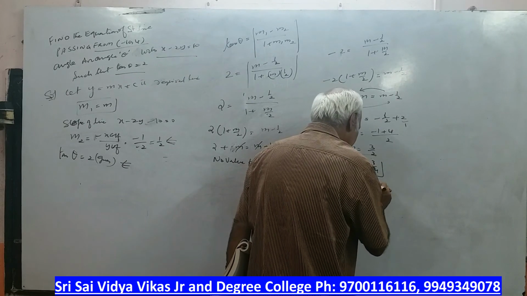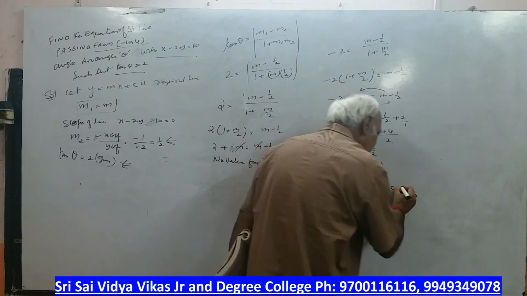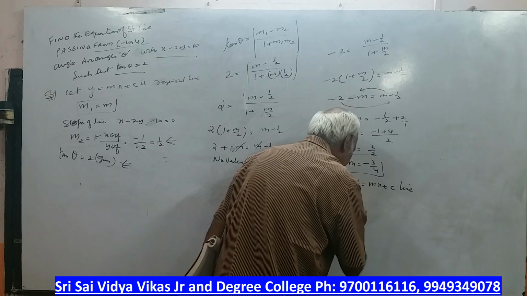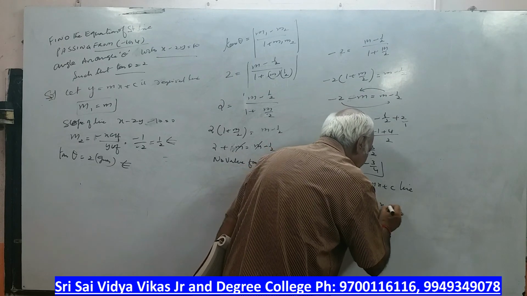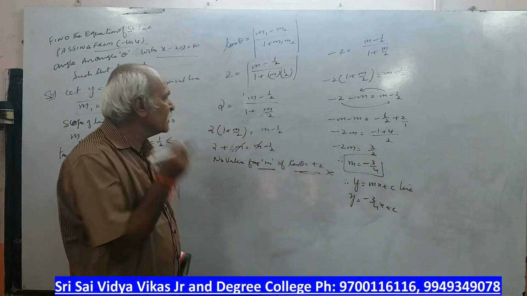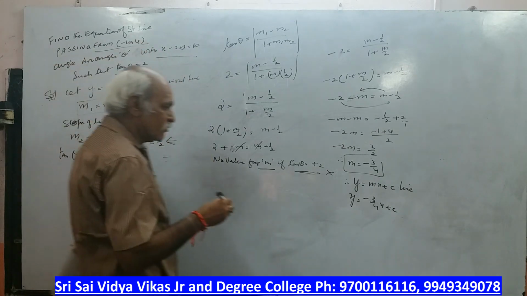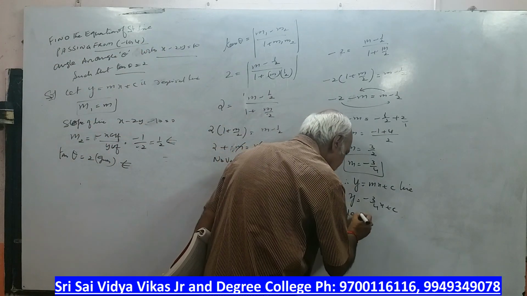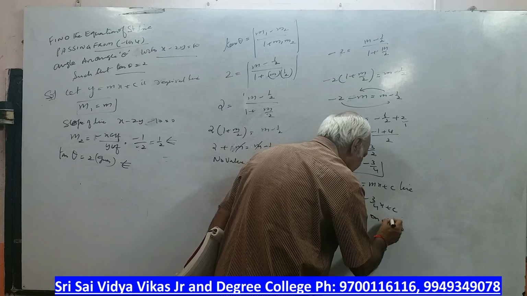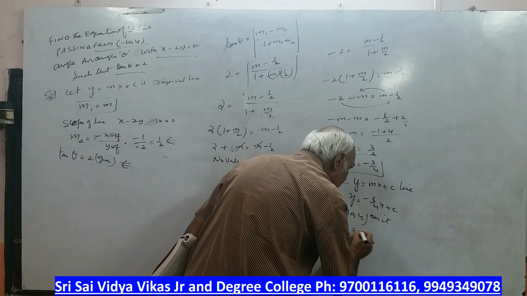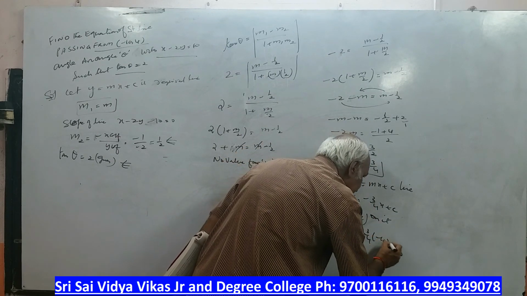The line is y is equal to mx plus c. But what is the m value we got? Minus 3 by 4x plus c. Now how to get the c value, sir? The point is given. What is the point? Minus 10 comma 4 lies on it. Means x is replaced by minus 10 and y by 4: 4 is equal to minus 3 by 4 into minus 10 plus c.